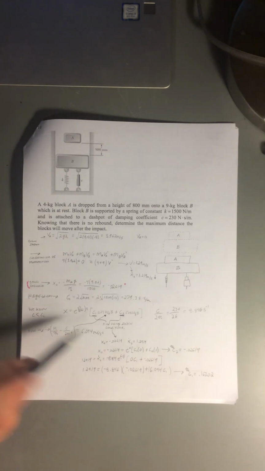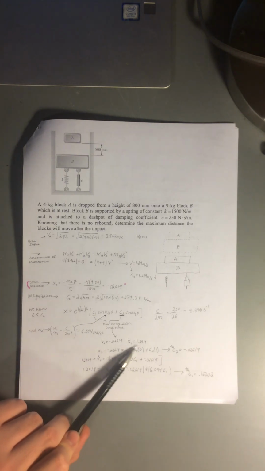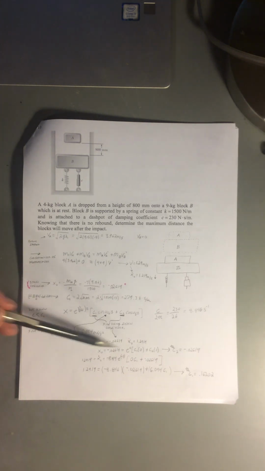The other thing we can solve for in this equation is our constants C1 and C2, and we can find those using our initial conditions. These are the initial conditions that we were able to obtain. For example, this right here is the velocity term that we found up above using conservation of momentum.